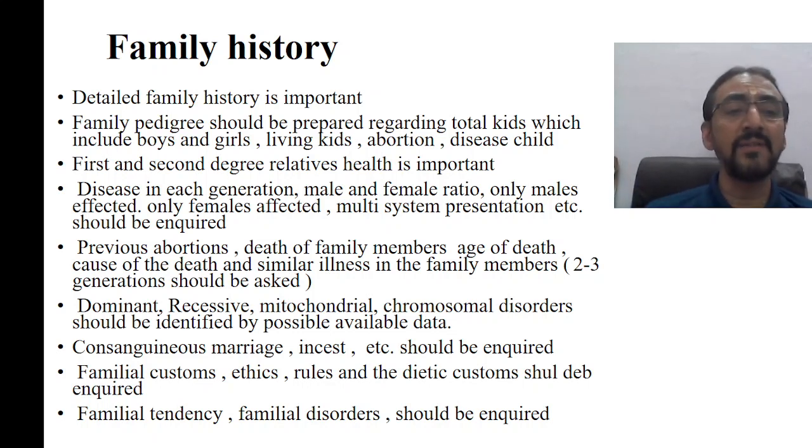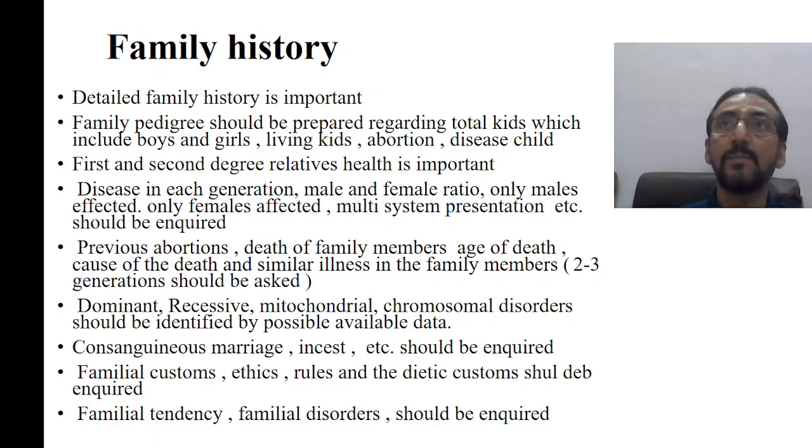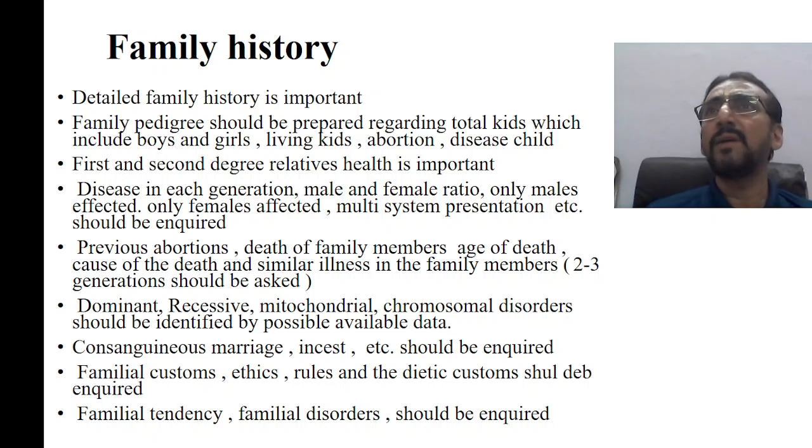Now one more important thing in the family history is familial customs. Okay, you have to ask about the familial customs. There are so many familial customs that differ from family to family, and they can lead to so many problems, disease conditions, or symptoms.